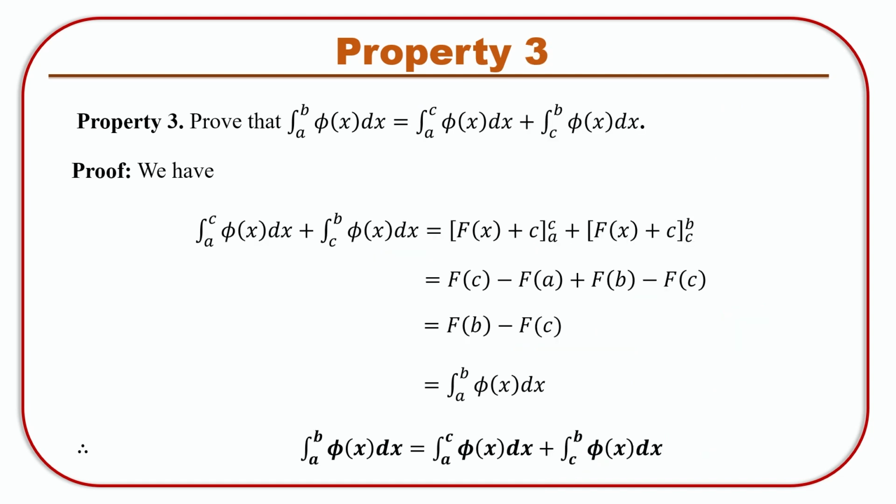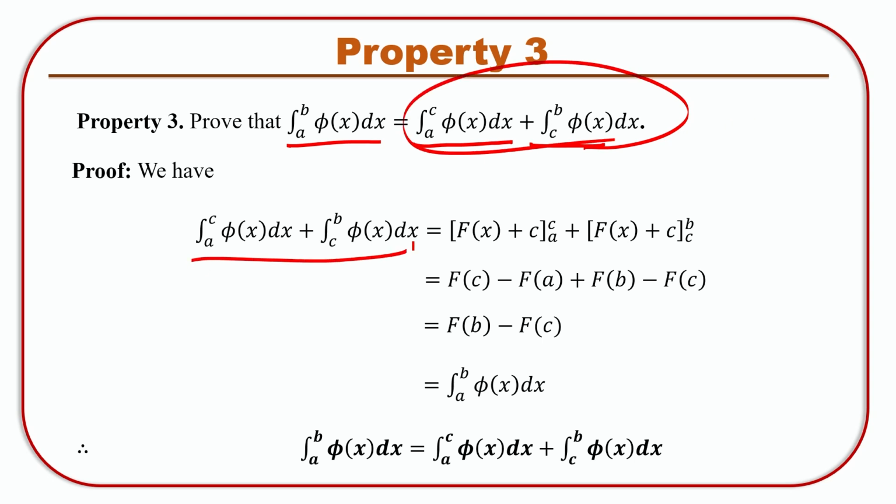Similarly, let us see property 3. We have to prove that the integral from a to b of phi(x) dx can be written as the integral from a to c of phi(x) dx plus the integral from c to b of phi(x) dx. Let us evaluate the right hand side in such a way that it equals the left hand side. So the integral of phi(x) dx can be written as phi(x) plus c, from a to c and c to b.